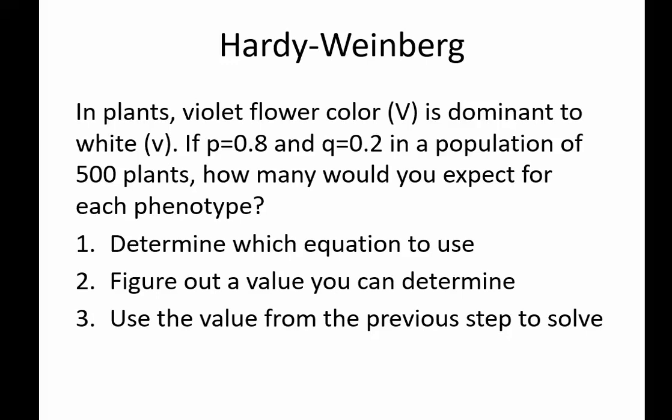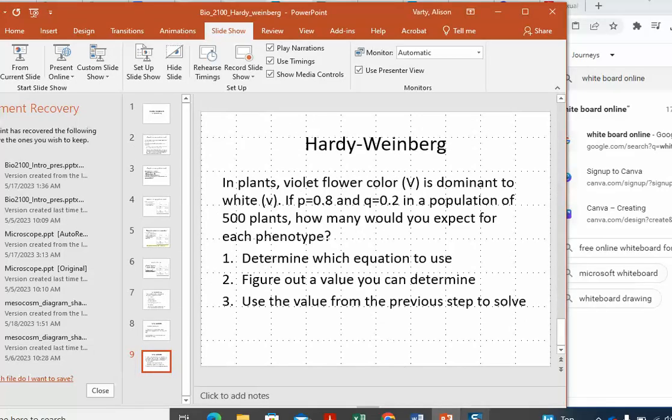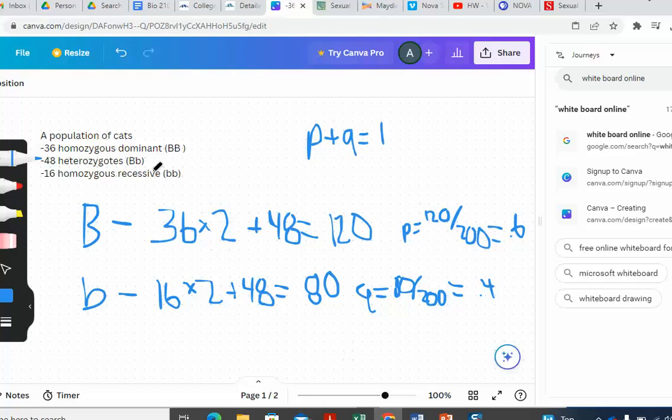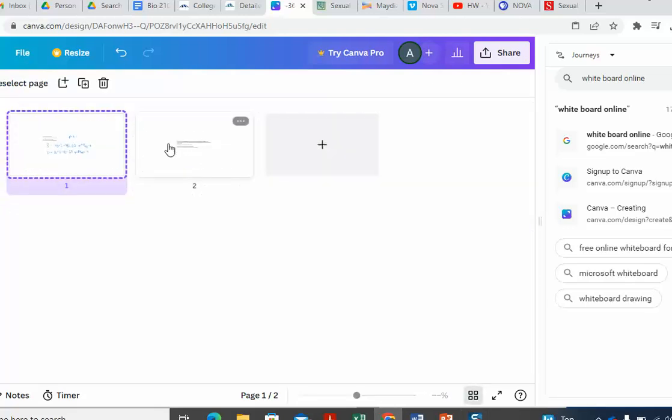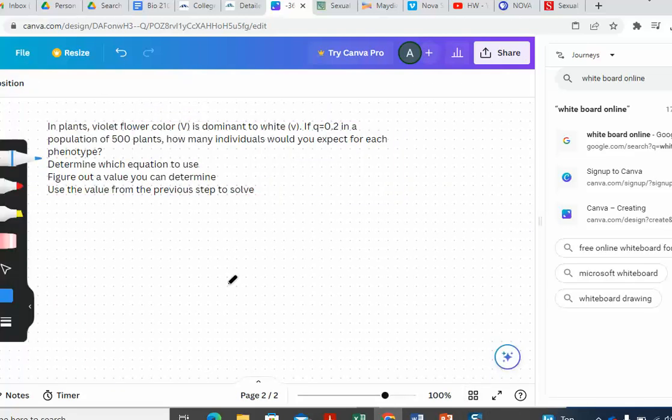So let's look at another example, which is a little bit more like the ones you are going to see in the problems that we do together in class. This one involves violets. In plants, violet flower color is dominant, represented with big V here, and white color is recessive.